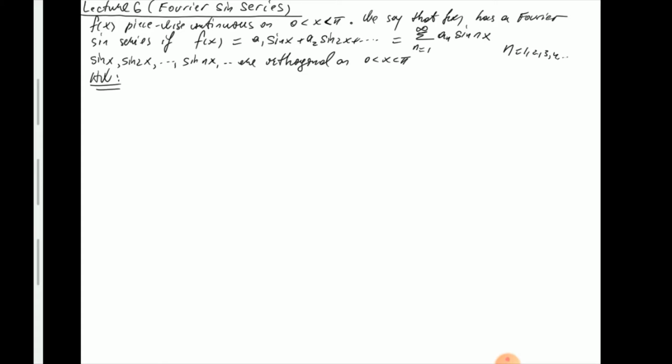Orthogonal means that the integral from 0 to pi of the product of any two, sine of nx and sine of mx, is going to be 0 as long as m is not equal to n, and is equal to pi over 2 if m is equal to n.